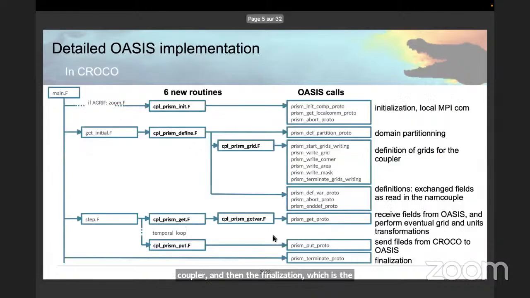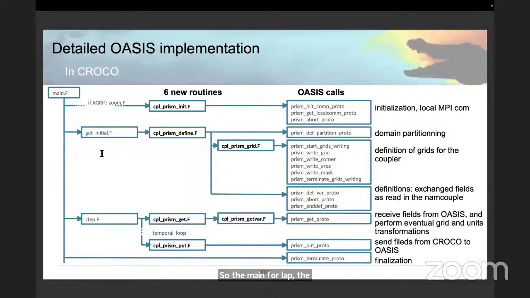Just to show what it implies in CROCO: we had the usual CROCO code, and we just added 6 new routines that do this initialization, definition, put, get, and so on. And just these 6 new routines are called in actually 3 scripts in the code, the main one for the initialization part and finalization.